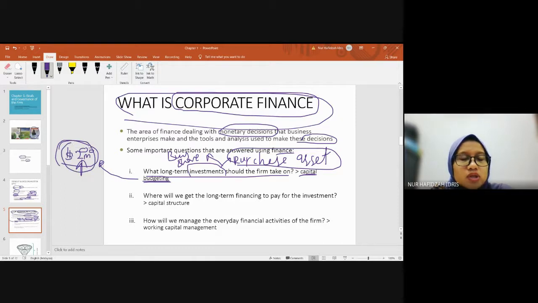In order to get this 200 million, your company will make a decision whether to finance through debt or through equity. If through debt, ni yang kita kata company will issue bond. Through equity, the company should decide whether nak issue preferred stock ataupun common stock.